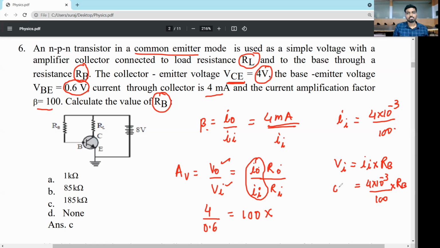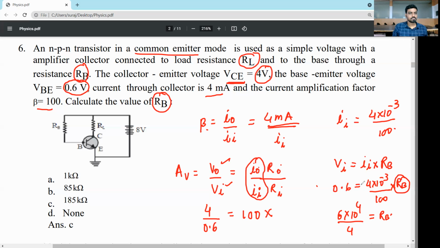V input is given 0.6. So with this formula you can find RB. 10 power minus 5 is there, na? So this will come 10 power 5, 0.6 into 6 into 10 power 4 by 4 equal to RB.